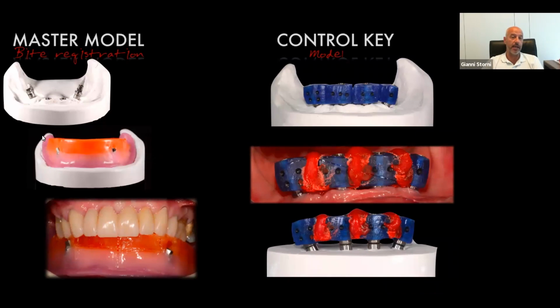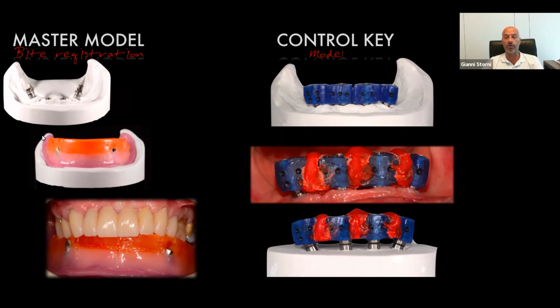Yes, here, for example, we can use a resin base that you can use like a bite registration together with the transfer or abutment to give a perfect position and stabilization in the master model, to take the bite registration correctly and transfer it to the master model, to be sure that the master model is absolutely precise.